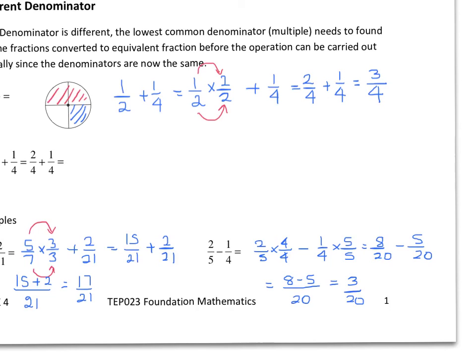This kind of working and setting out is extremely important in fraction operation questions, and you need to be able to demonstrate it when you complete your assignment questions. So the best way of doing that is to make sure that you show full working in all of your study guide exercises as you work through them.